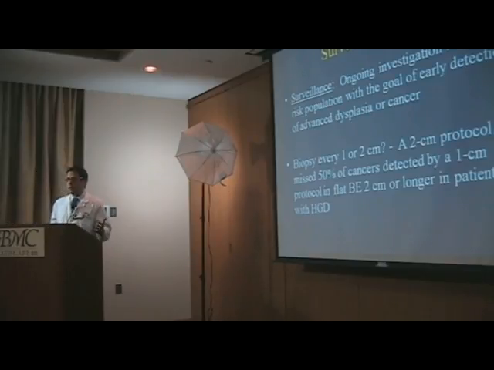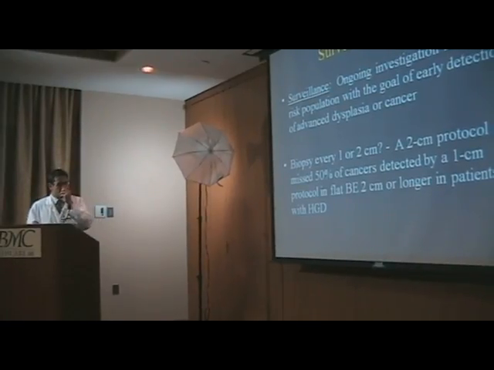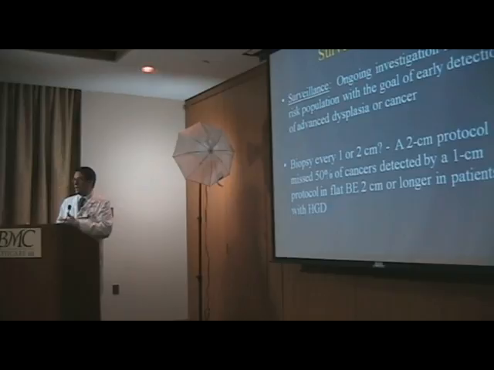Well, time is always money, and unfortunately, most endoscopists are always rushing. So you really want to go to someone who does a lot of Barrett's disease and takes their time doing Barrett's biopsies, because it is the number one thing that will lead to accurate diagnosis. One study showed that biopsying at 2 centimeters missed 50% of cancers, as you would expect, as opposed to biopsying at 1 centimeter intervals.